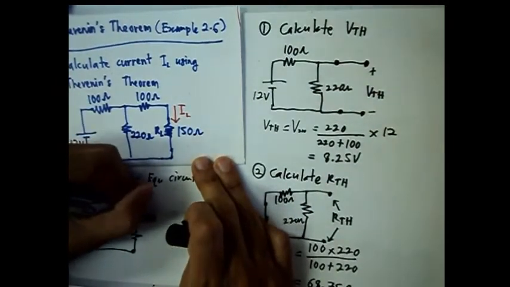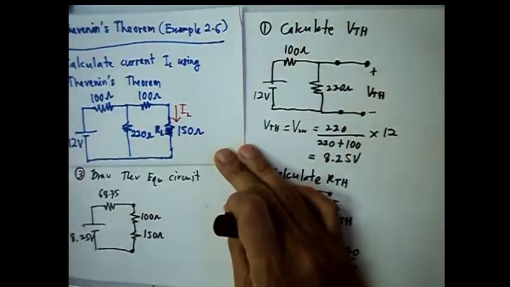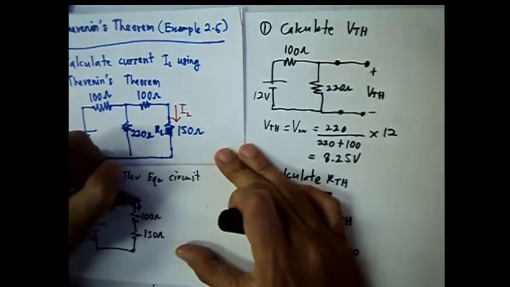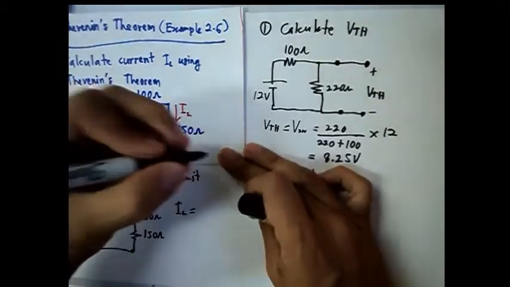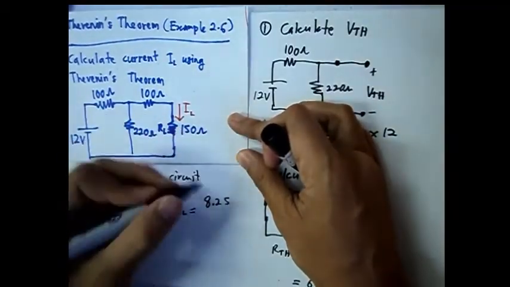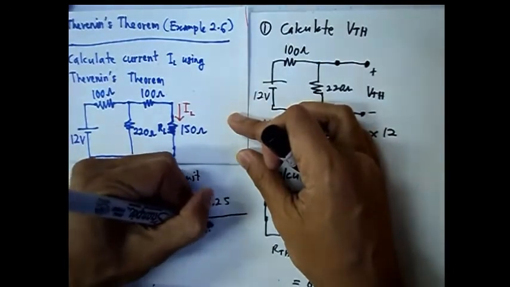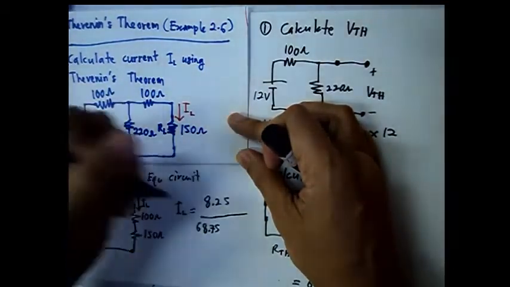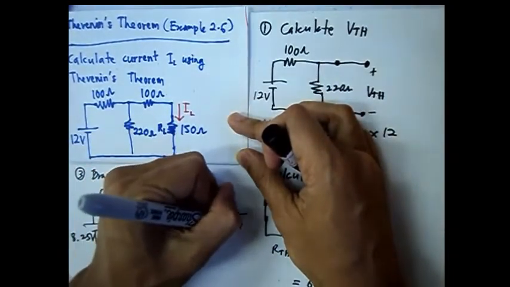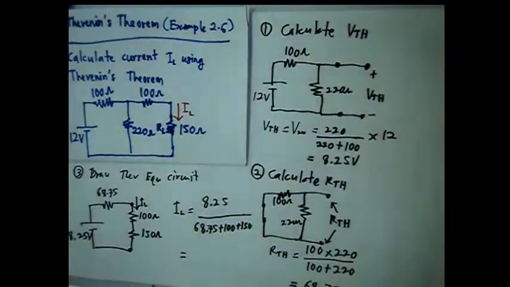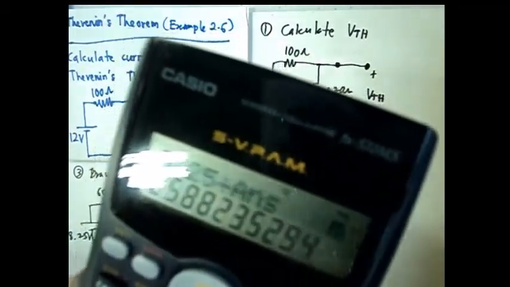So we have 100 ohm here, 150 ohm here, and now we can easily calculate IL. IL equals 8.25 divided by 68.75 plus 100 plus 150. So what we get here is 25.882 milliampere.